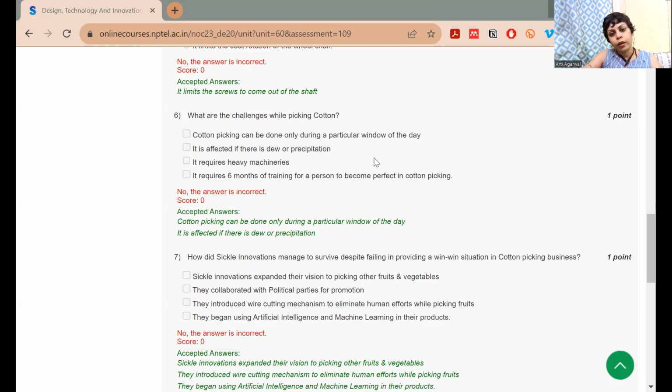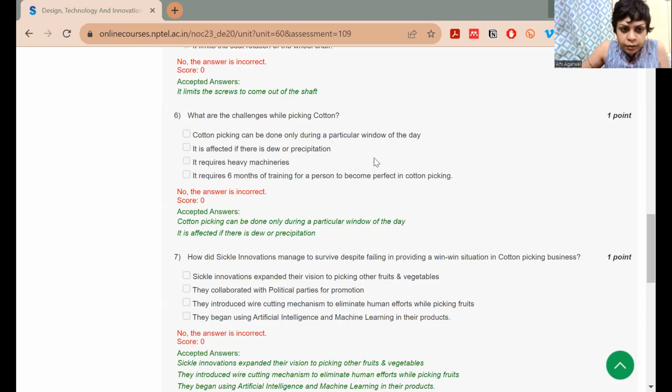But it is also done only in a certain window of the day. It's not like you can go and pick cotton at 2 in the night or something like that, right? So it has to be done within those certain hours when it is the best time of the day to pick cotton. And that is the other challenge when you're designing a device for picking cotton.